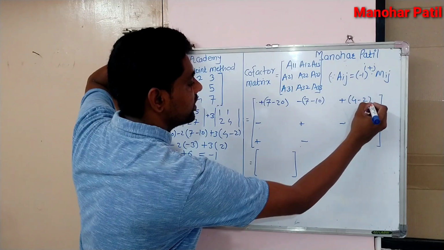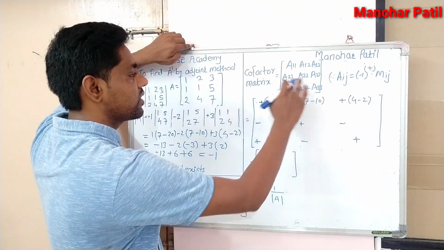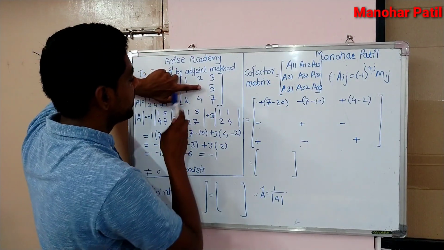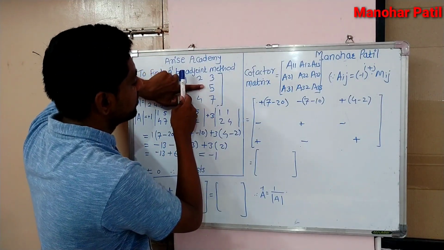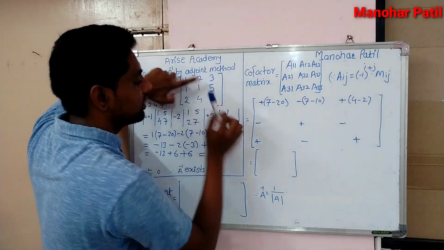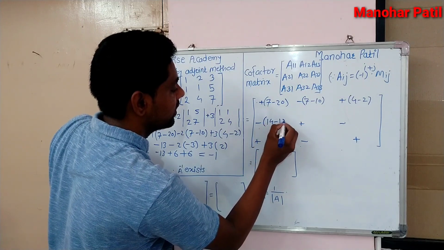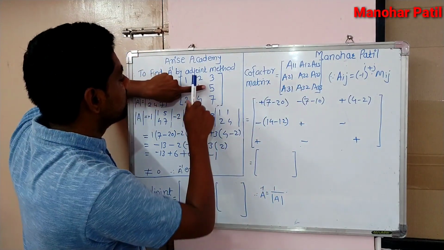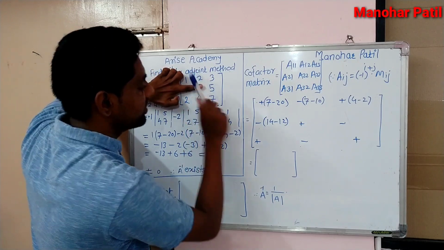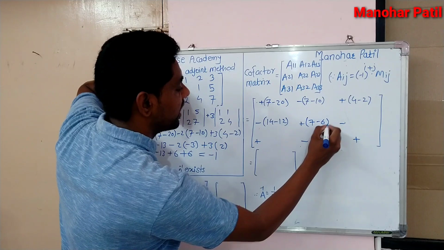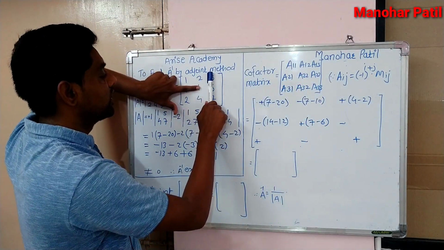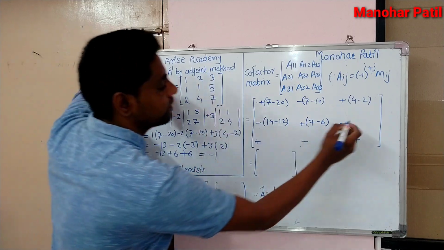We similarly perform this for the next rows. For A21, present in the second row, first column, the minor is 14 minus 12. For A22, in the second row, second column, it is 7 minus 6. For A23, in the second row, third column, the minor is 4 minus 4.